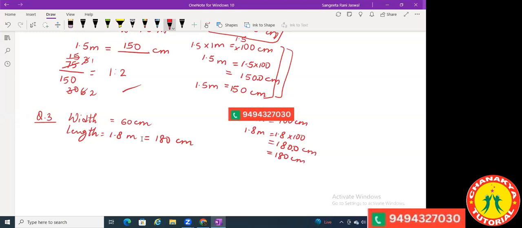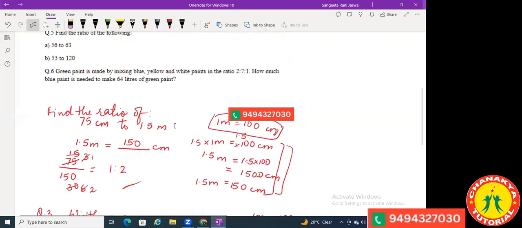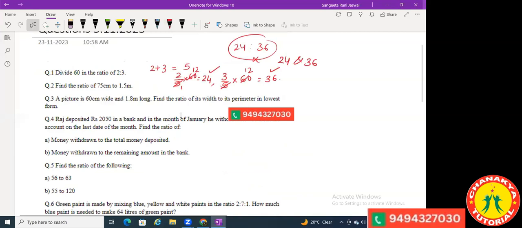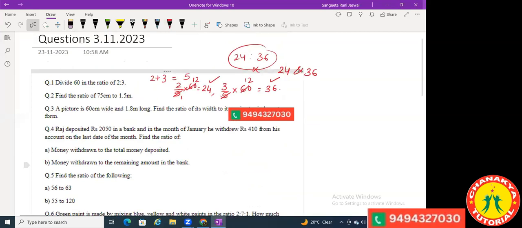Now the second step is that I have to find the perimeter, because the question asks to find the ratio of its width to the perimeter. That means in the numerator I have to take the width, and in the denominator I have to take the perimeter.